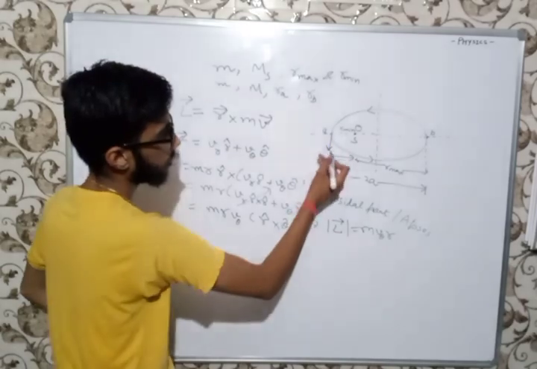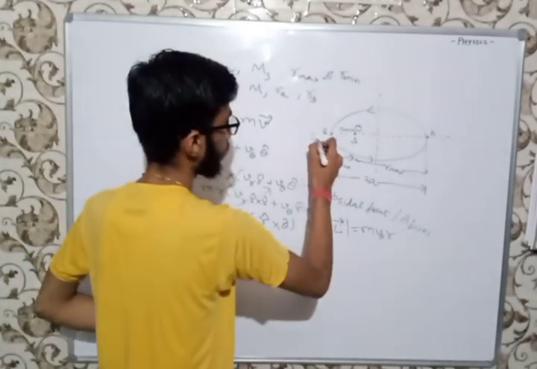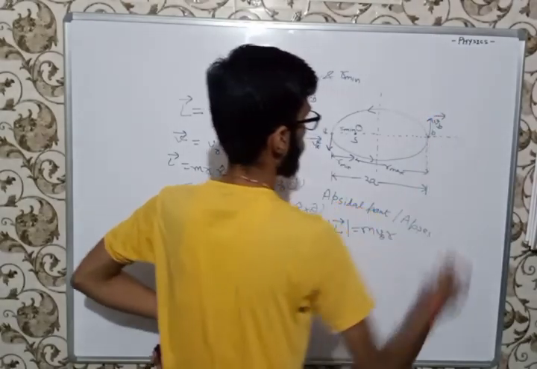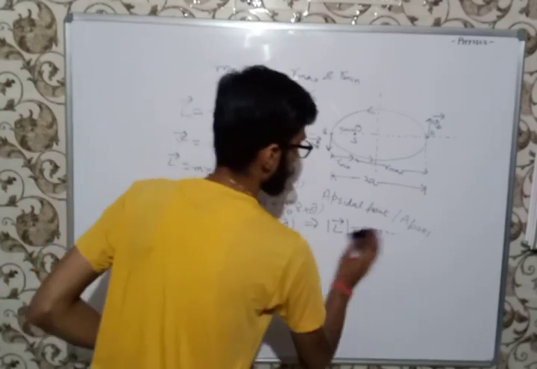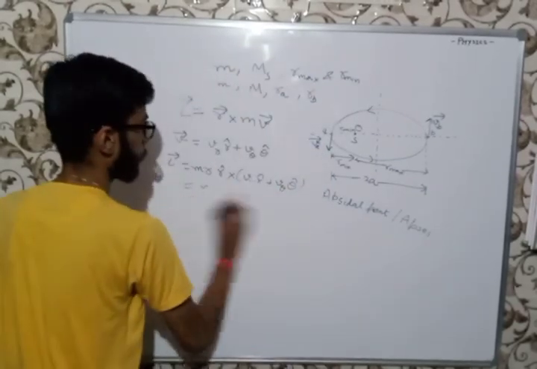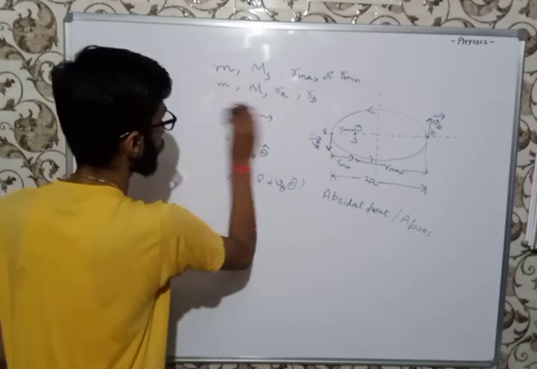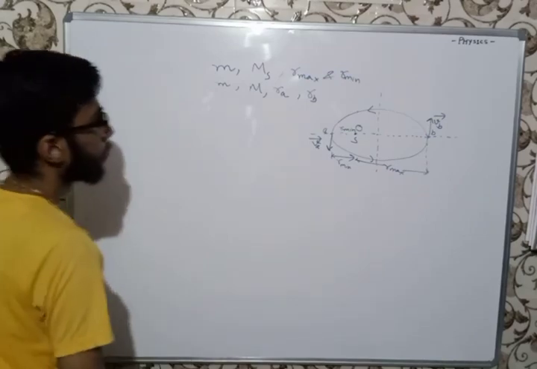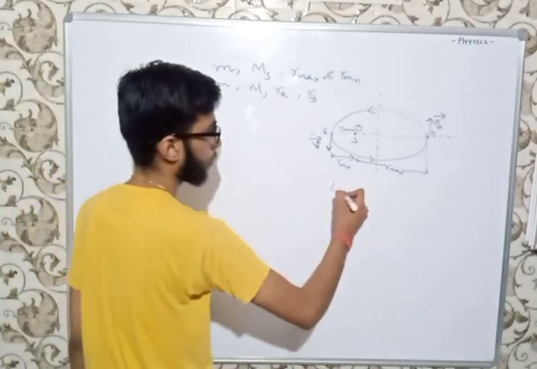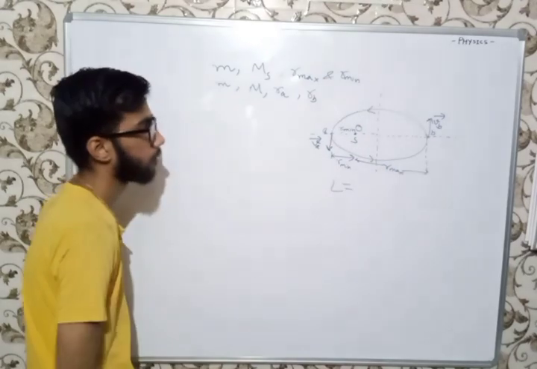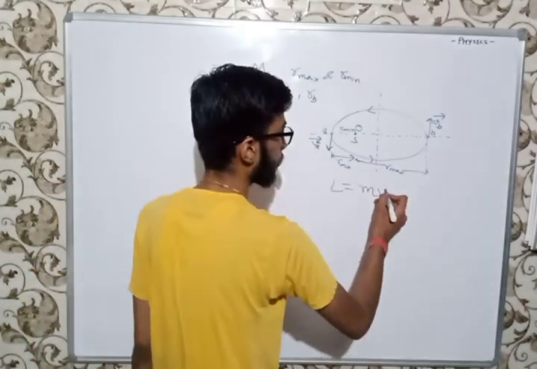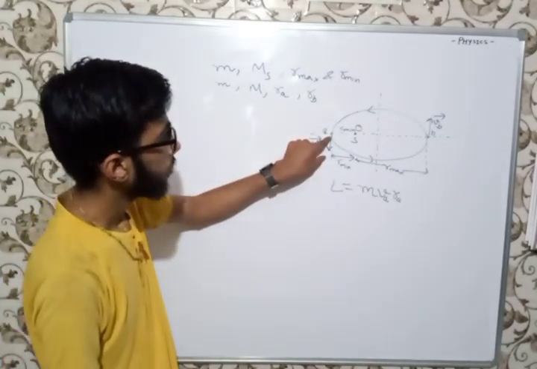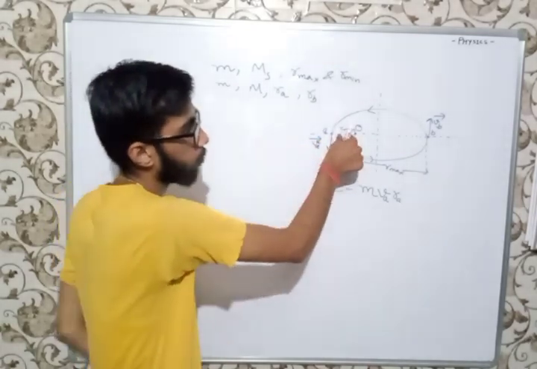Here the velocity vector is V_A, and here it is V_B. Now, writing the magnitude of the angular momentum, it will be simply m V_A R_A, because the velocity is perpendicular to the position vector.